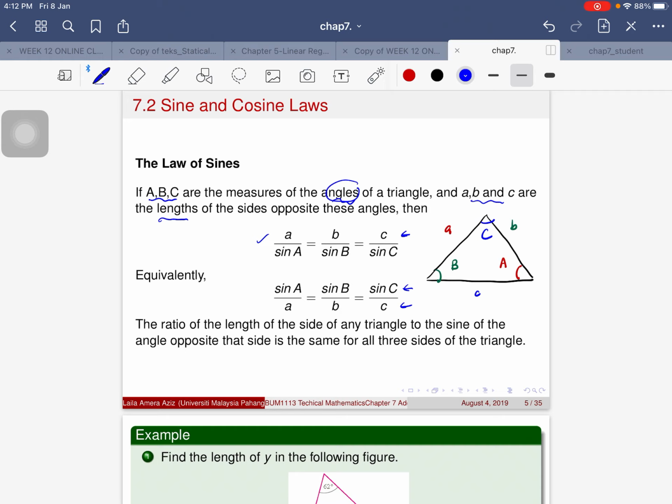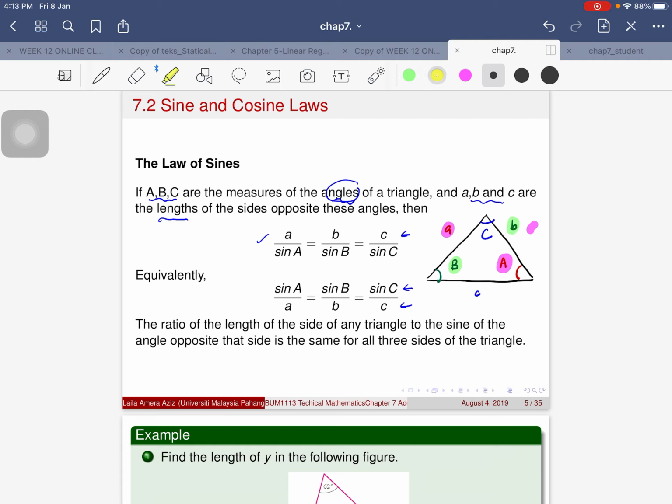Basically this is the idea of a triangle. This is going to be our triangle. This is our angle A, capital A. The side that is opposite of the angle is going to be our small a. Here we have our angle capital B, and the length that is opposite of capital B is the small b over here, so that is the length b.